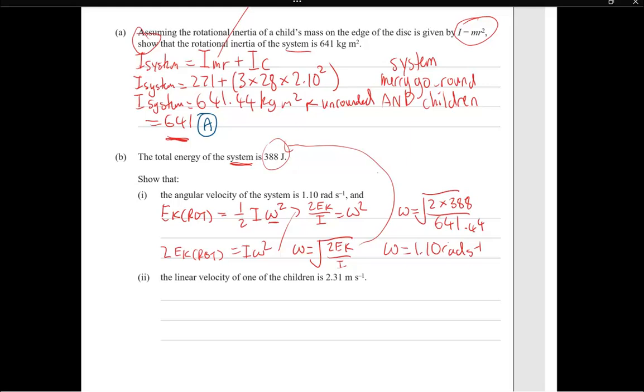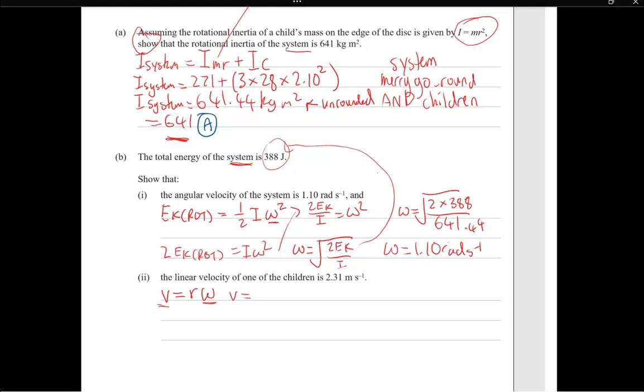So the next one is the linear velocity. That equation is also on your formula sheet, and it is this. So you've got your linear velocity equals your radius times angular velocity. Don't get confused between these two. They are different types of velocity. So we can just simply plug in the values. The radius is up top.